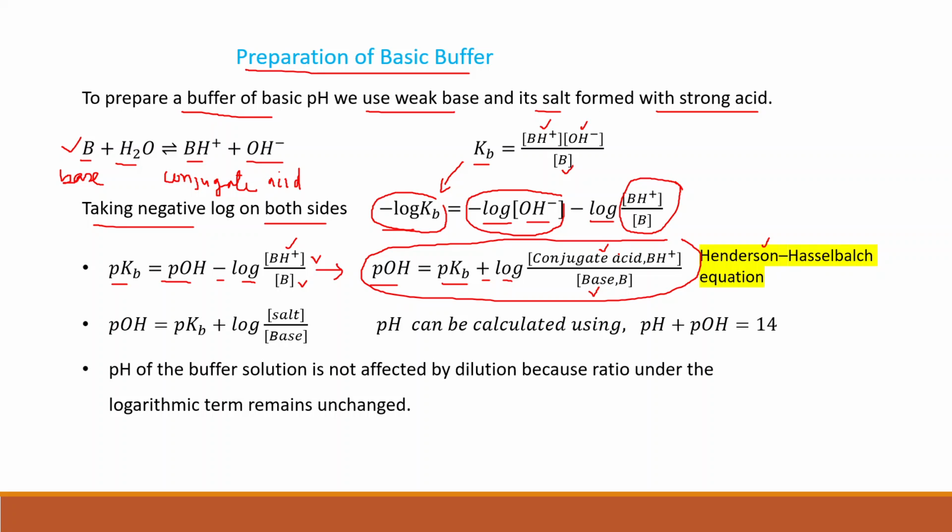So we can say this conjugate acid is due to ionization of the salt. So we can also write pOH is equal to pKb plus log of concentration of salt to concentration of base. Now if you know the pOH, we can find out pH using the relation pH plus pOH is equal to 14.